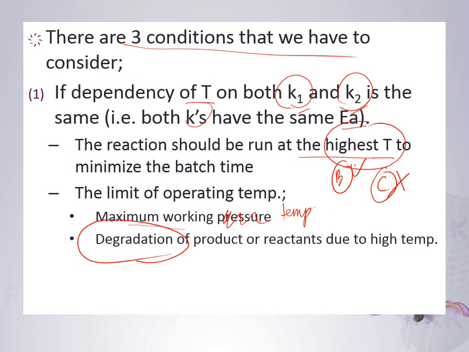So you have to determine the compound's degradation temperature or decomposition temperature, degradation or decomposition, that's the term we use. Okay, so if the temperature is higher than the decomposition temperature of the compound, then your compound will actually be destroyed.